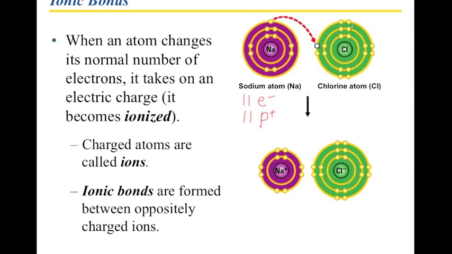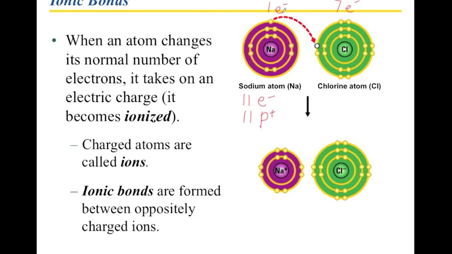Now let's think about this for a minute. In sodium, you have 1 electron that's on the outermost shell. Here you have 7 electrons on the outermost shell. As I mentioned a minute ago, both of these atoms would rather have their outermost shell filled. Now, in the case of sodium, that means it would need to gain 7 or lose 1.